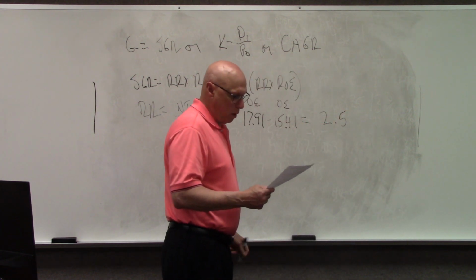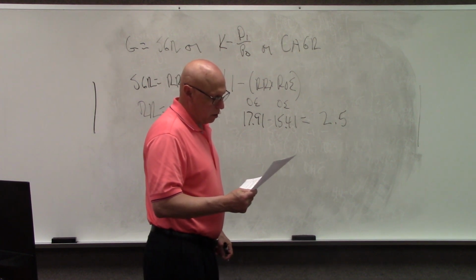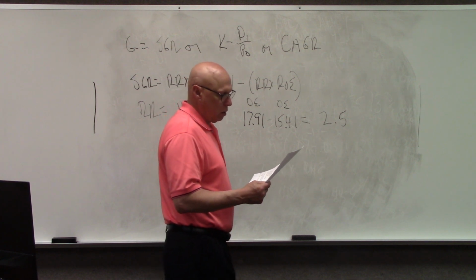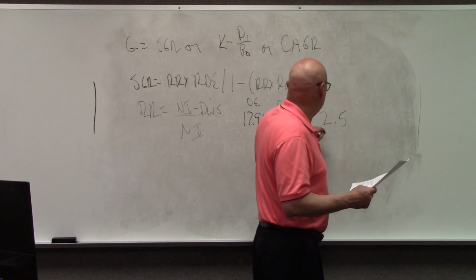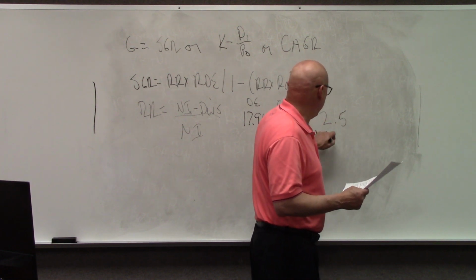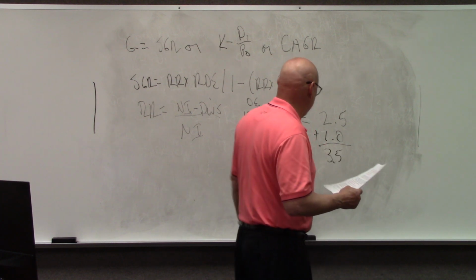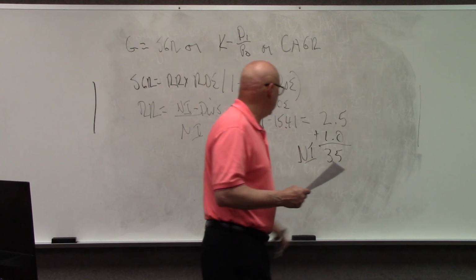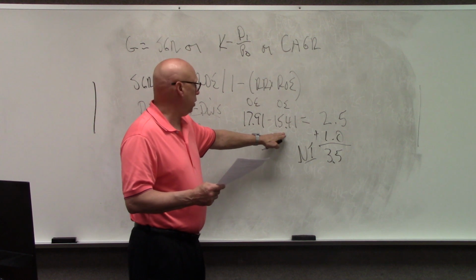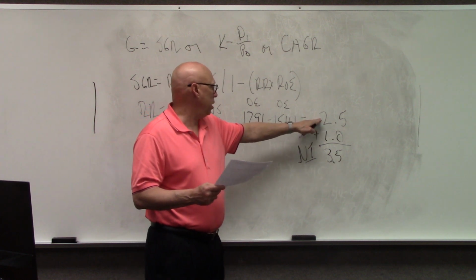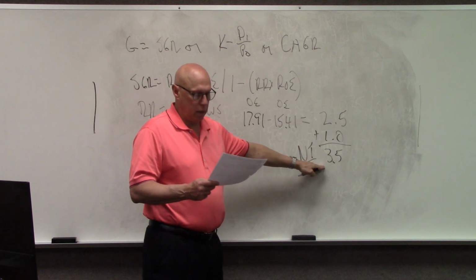Which means their net income had to be 2.5 plus the 1.0 that they paid out. So they had net income of 3.5. You take the total change in owner's equity, 2.5 million, add the dividend back in, and you get net income.